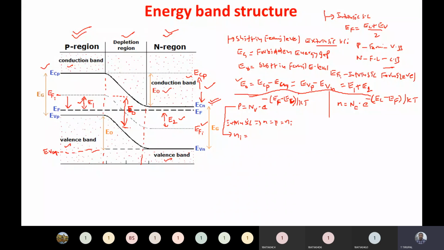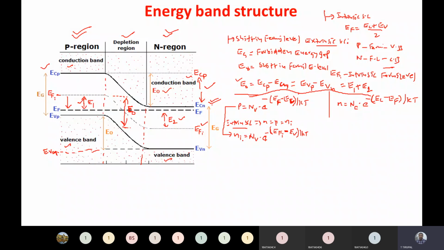So Ni is equal to NV into e power minus of EFI, which is called the intrinsic Fermi level, minus EV divided by KT. This is one equation. Please do remember this equation. For intrinsic, N is equal to P is equal to Ni, you know already.